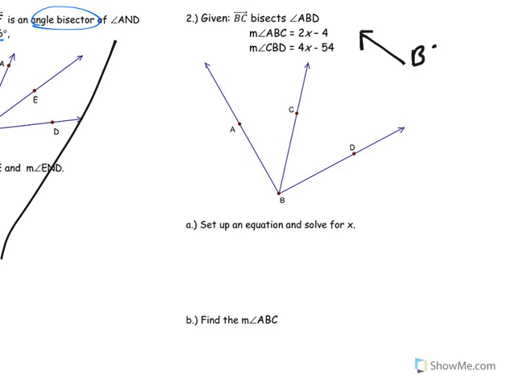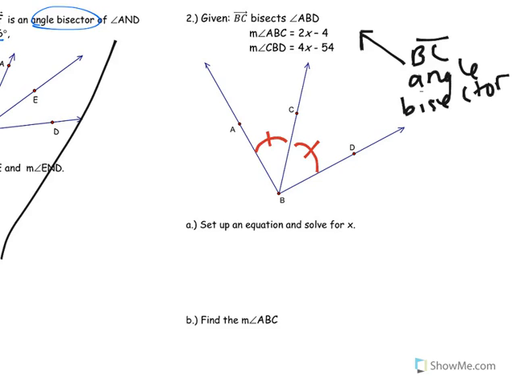So that means that BC is an angle bisector. Right away, I want to mark that in my diagram. The angle that's getting bisected is ABD, this large angle. So these two angles here are going to be equal.